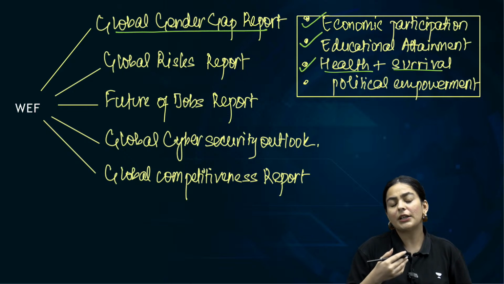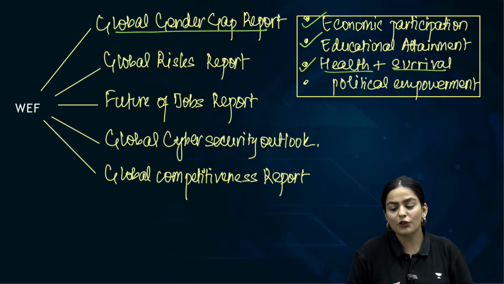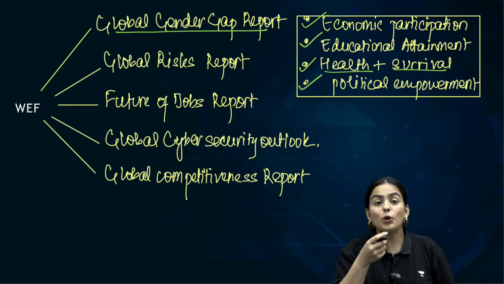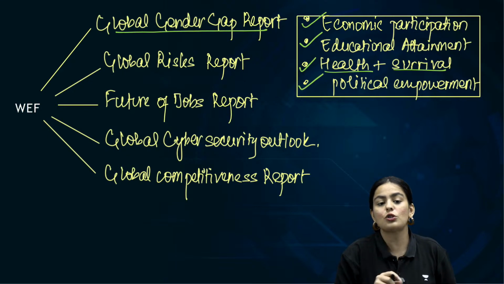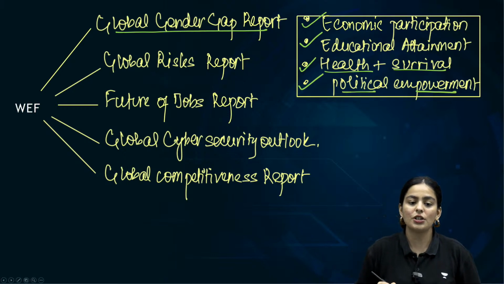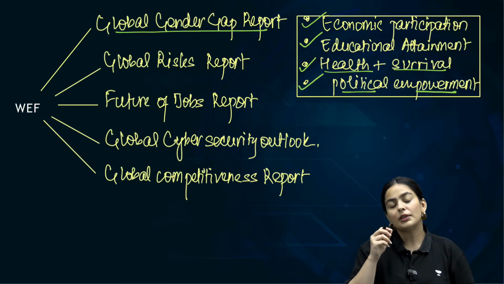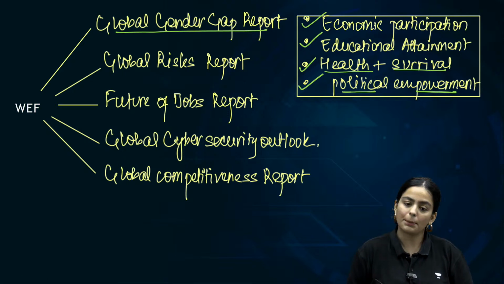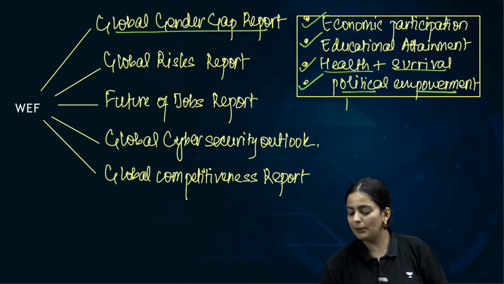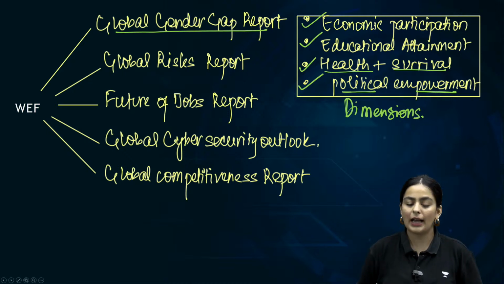What are particularly the survival rates in the form of nutrition? Is there any nutritional deficiency? The fourth very important point, they can ask that political empowerment is also a dimension when it comes to the Global Gender Gap Report. Clear? The four dimensions. Please remember these four dimensions.